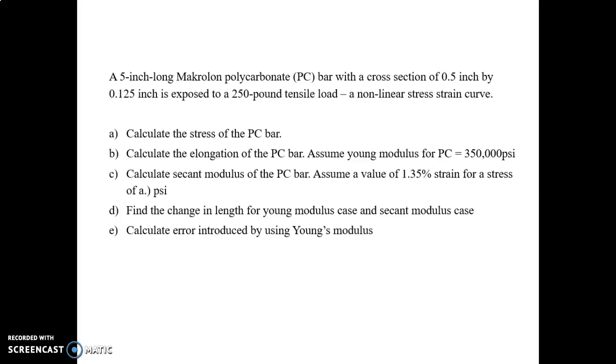Awak dapat cari dia punya change in length dia sama dengan 5 inch times with 0.011 dekat secant modulus ni. Awak dapat secant modulus ni berapa, and then awak kena darab dengan 5. Okay, so ada dua jawapan lah dekat D ni. So bila dapat dua jawapan dekat D, awak boleh kira lah dia punya error, berapa persen dia punya error. So kita akan dapat 19%. Okay.